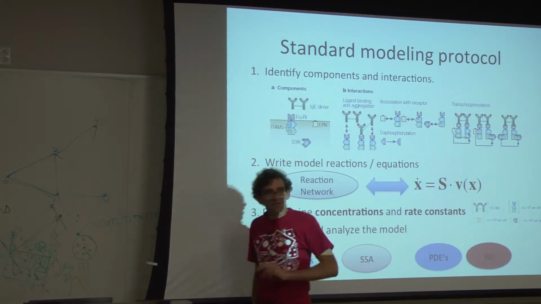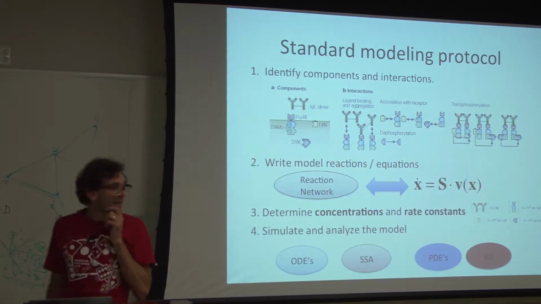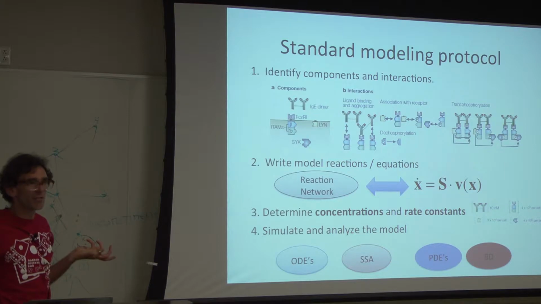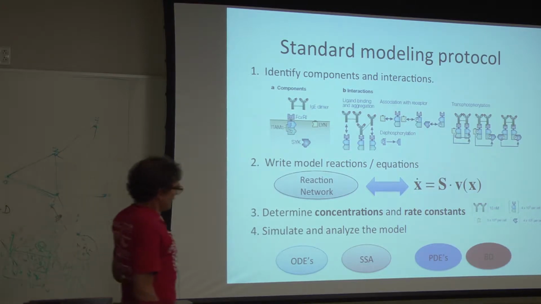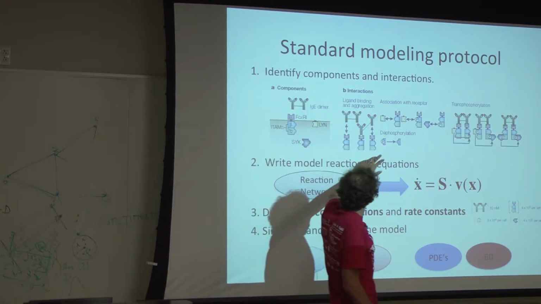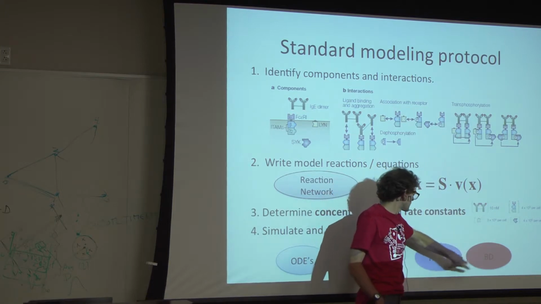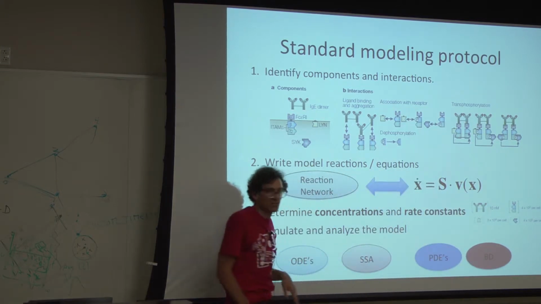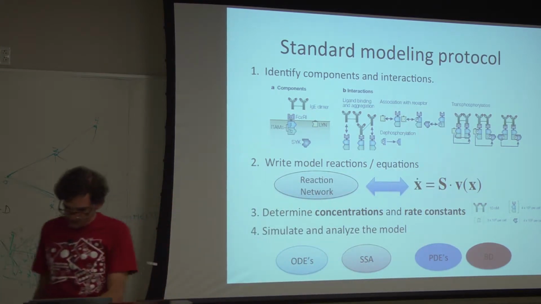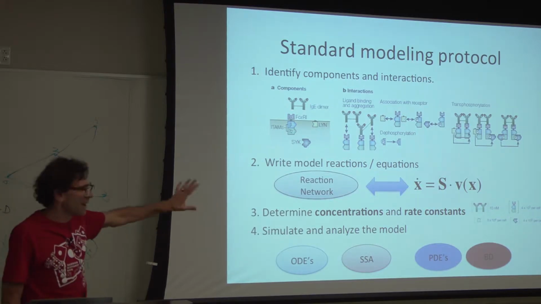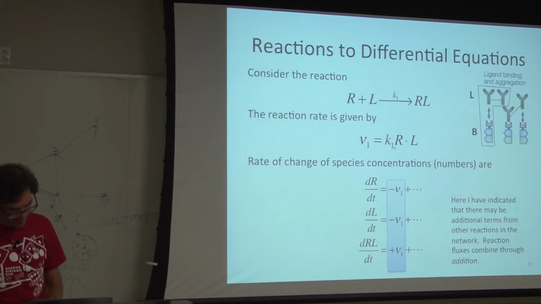Okay? It's all the same basic underlying network. Different assumptions are going to be made about how we actually simulate the molecules in space and time here, or simulate the concentrations in space and time here. And if all of this seems a little bit abstract, we'll make it quite concrete, so don't worry too much about that.